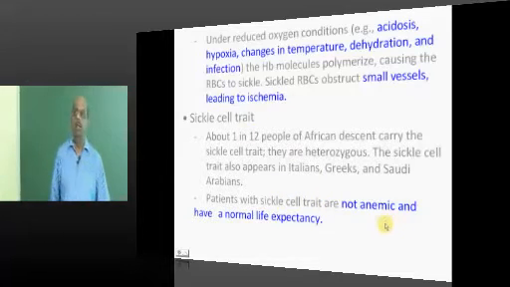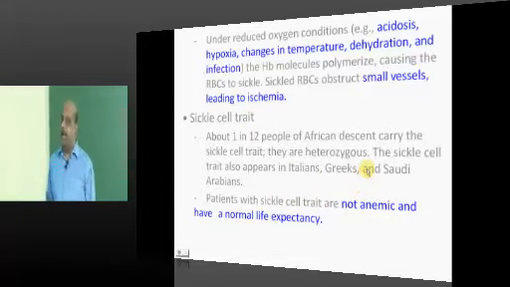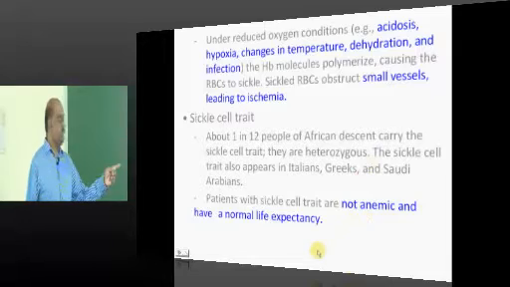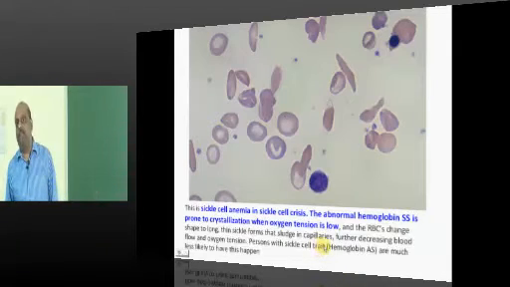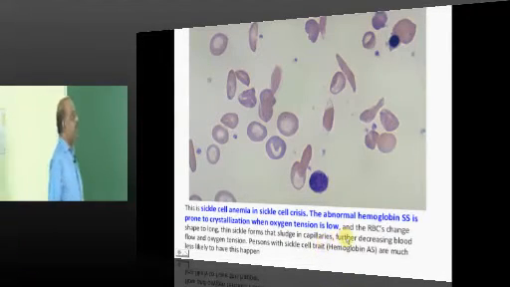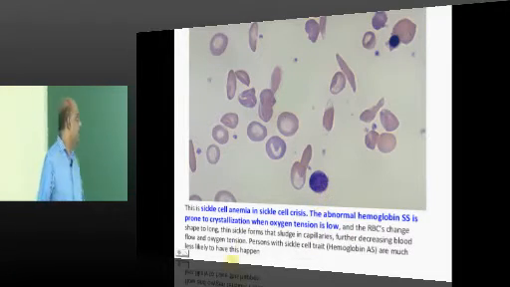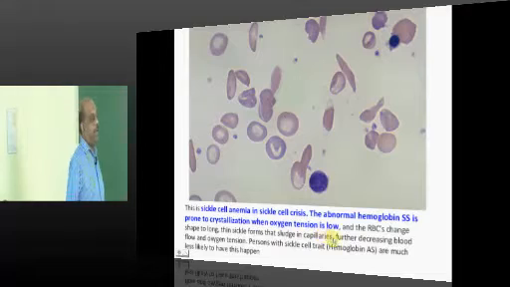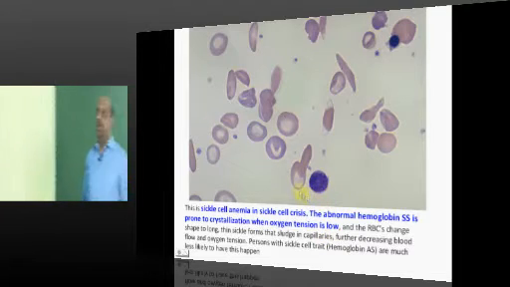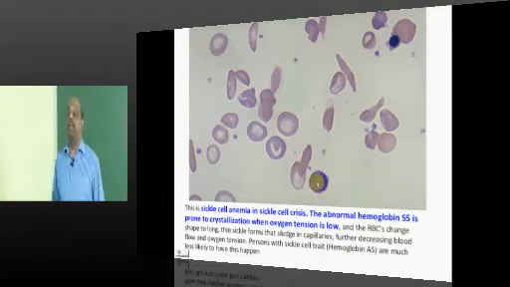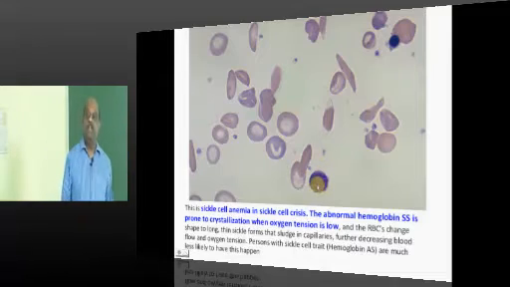Then you have two kinds, sickle cell trait guys. Trait are heterozygous, they are not anemic and they will have a normal life expectancy. And I still can't forget, he is a professor of English in CFL, Central Institute of English and Foreign Languages.